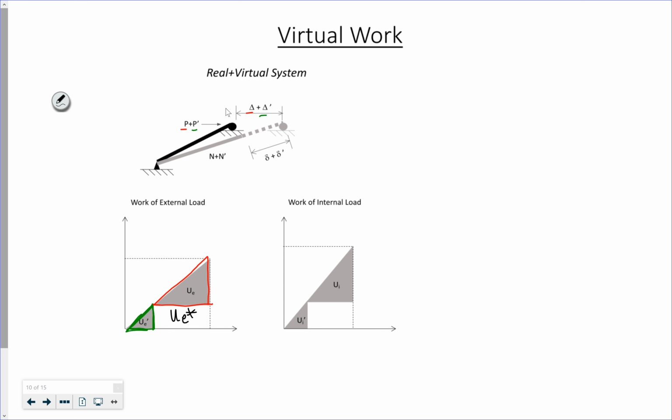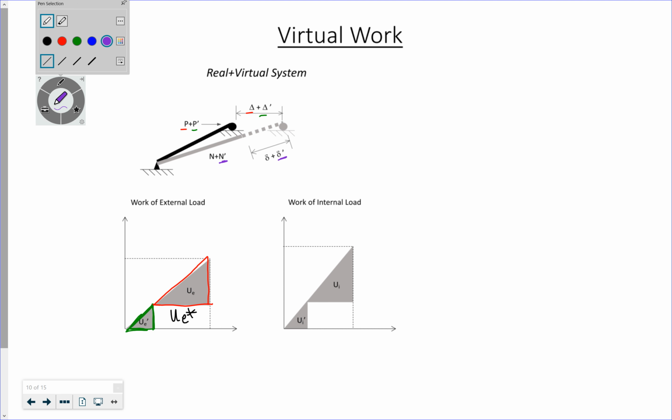And then my virtual system causing these internal energy, and my real system causing the blue internal energy, and the extra little bit UI star. Right? Now, this is where I'm going to need some extra colors.